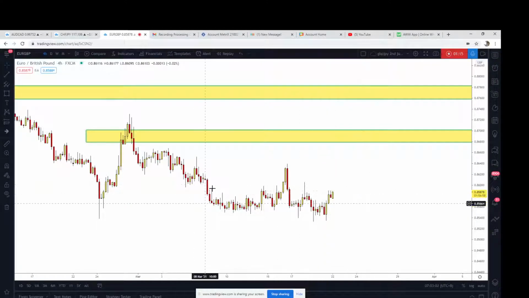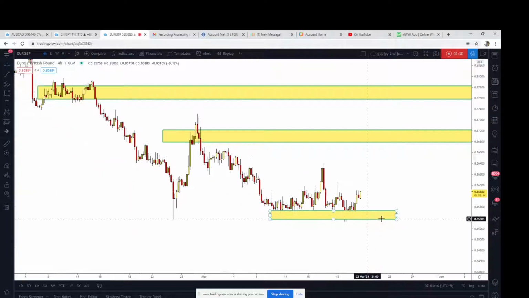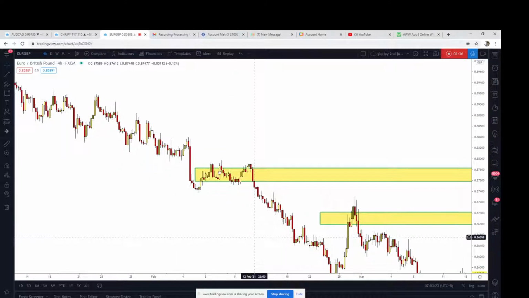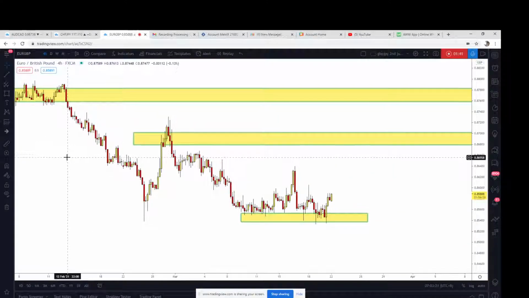So right now there's no sell setup, there's no buy setup as well. The only thing is that price is reacting on a demand here. There's a drop based rally here. So we are not going to take any shorts from here, but we are also not going to take any buys from here based on this higher time frame outlook for this pair.